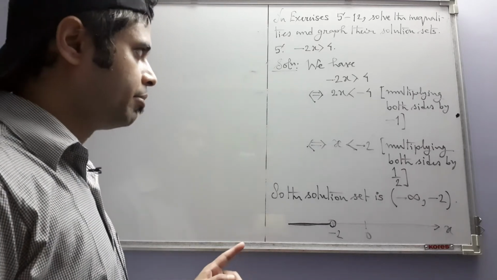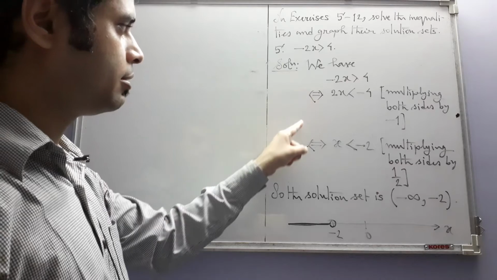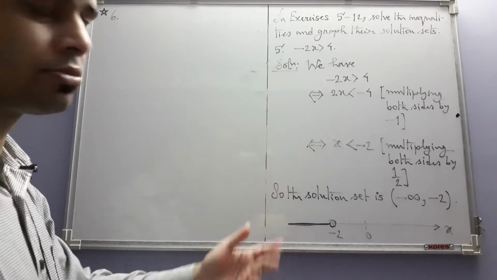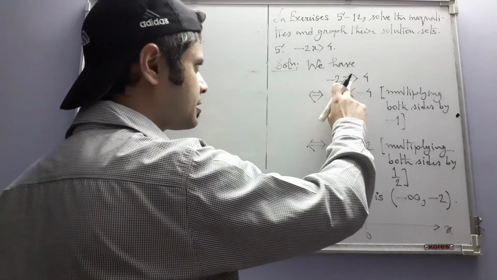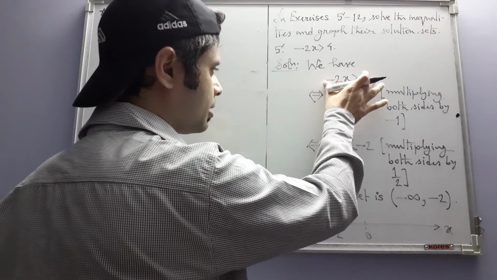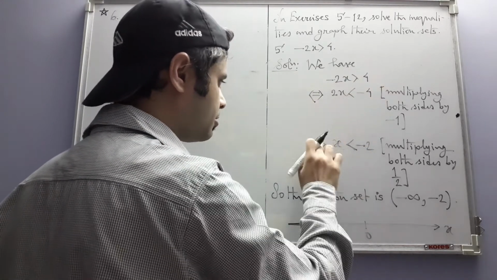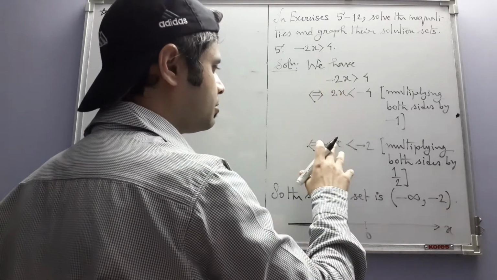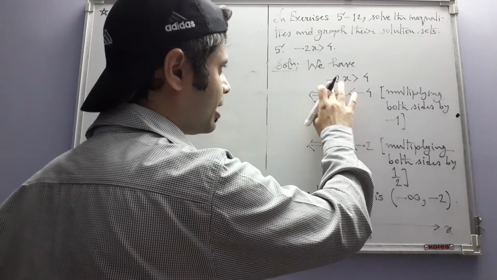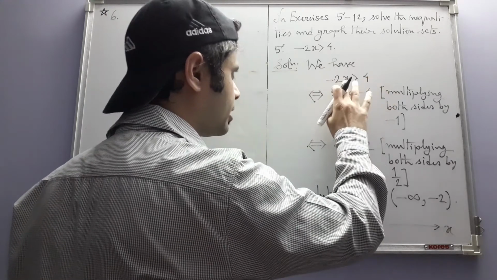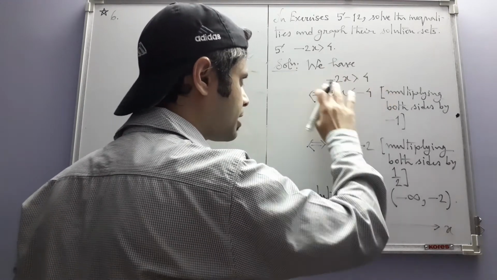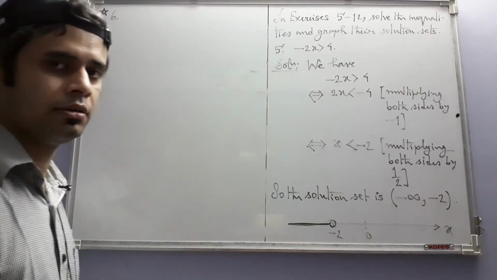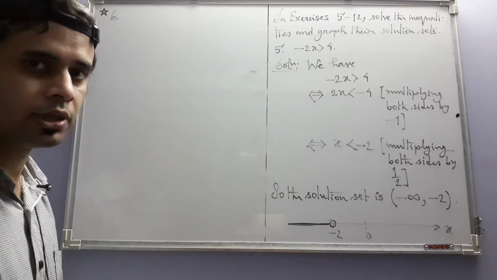Note that not many of us write the reverse implications, but it's necessary. Otherwise, what happens? If we are using only this direction of the implications, that just implies that the solution set, that is the set of all real numbers satisfying this inequality, is a subset of this interval, not necessarily equal to the interval.